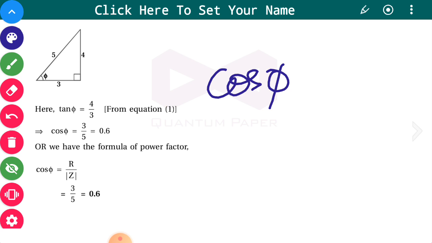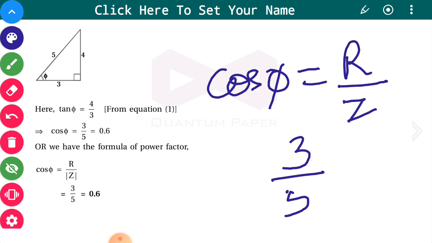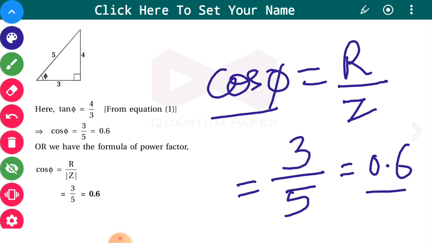Both the values are there. Resistance we have 3 ohm, and impedance we found as 5. So it can be easily calculated as 0.6. So power factor cos phi is 0.6. If you want, it can also be shown in a triangular way, but it is not necessary, because you can easily calculate from the data given.